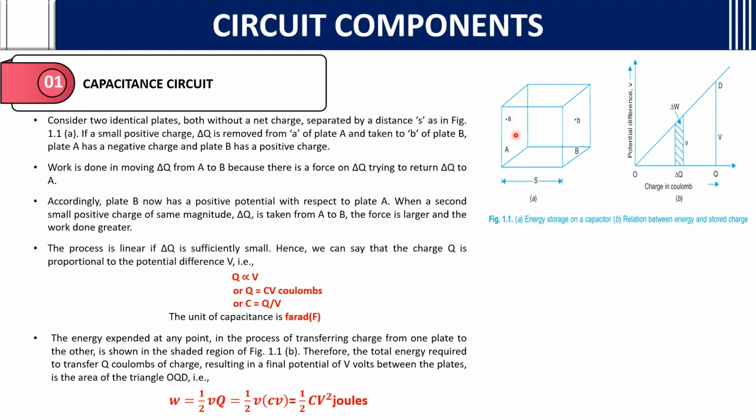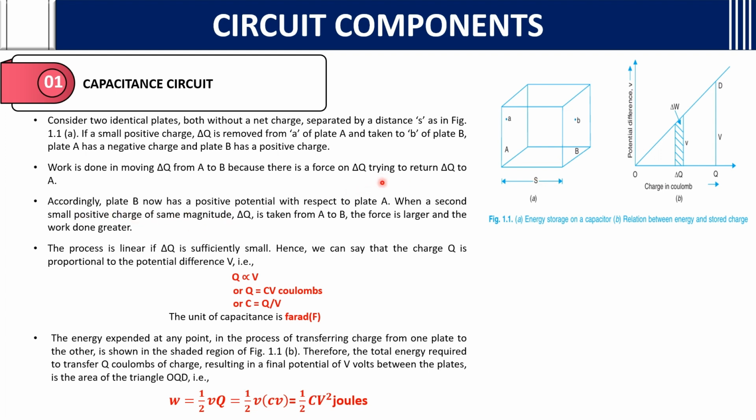A charge is moved from A to B, and the charge wants to go back to A. So there is some force attracting it to return to A. To overcome that force and bring the charge to B, some work is required. So work is nothing but what? Force into displacement, moving from one point to another with some force, right?